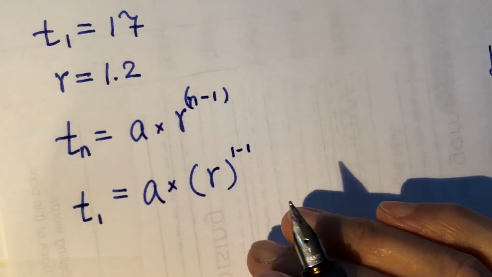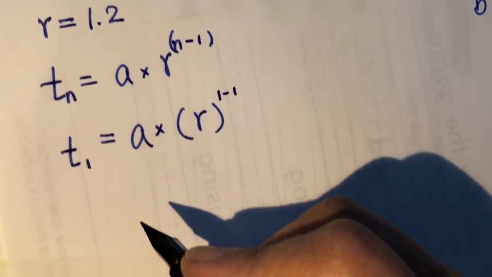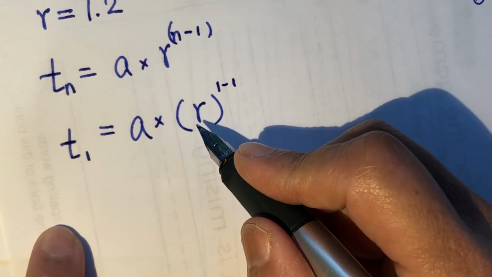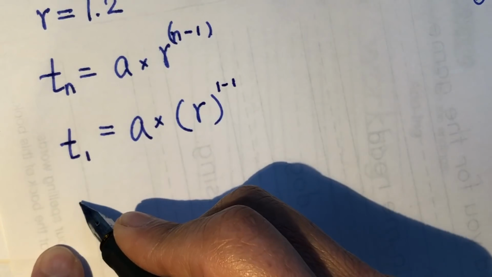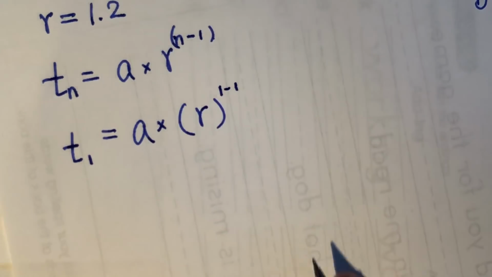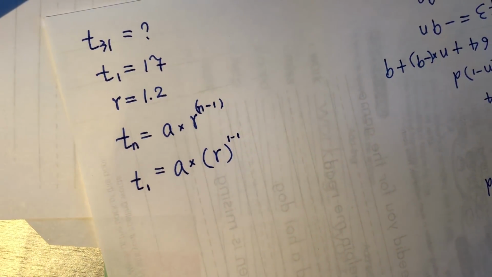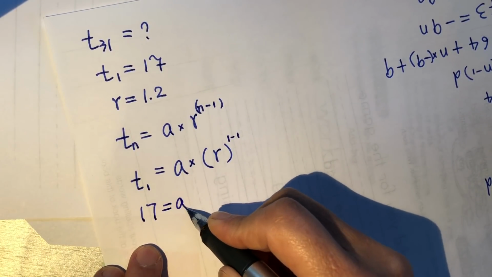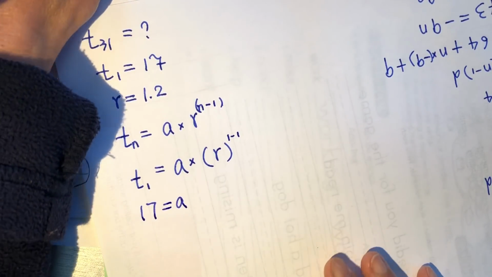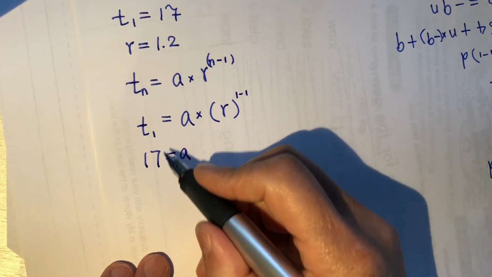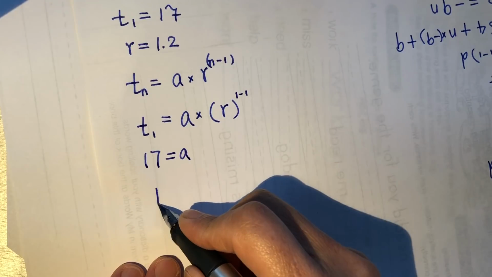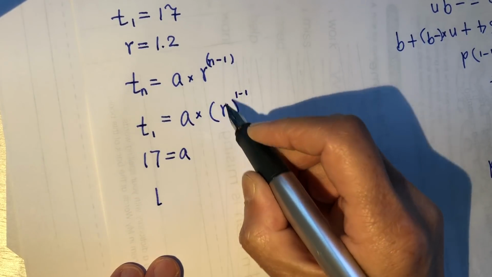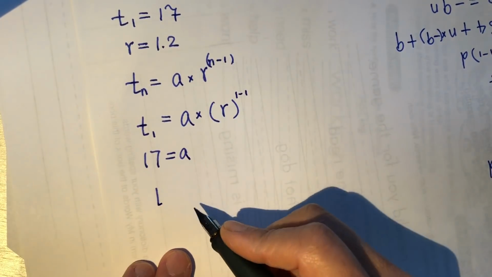Anything to the power of 0 is 1. So T1 is equal to A. And we know T1 is 17, which is given, so A equal to 17. Now we need to figure out T31, and R is given as 1.2.